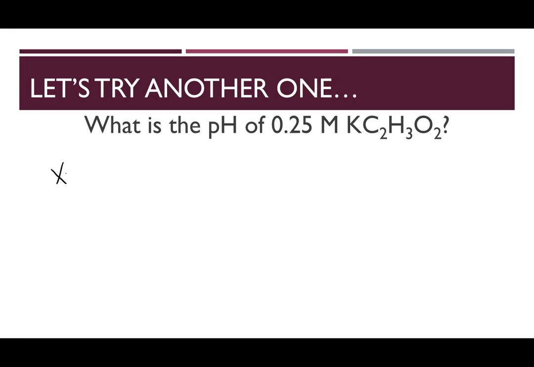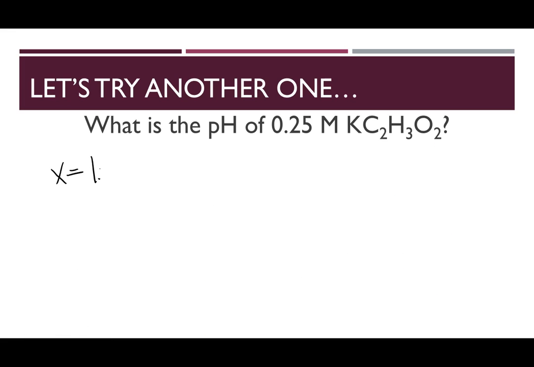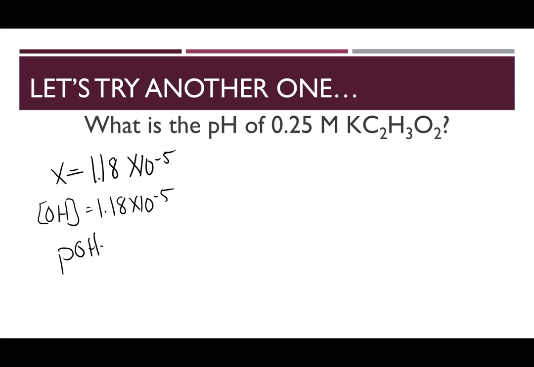So X equals 1.18 times 10 to the negative fifth. So that is the concentration of hydroxide. So pOH is going to equal the negative log of that.